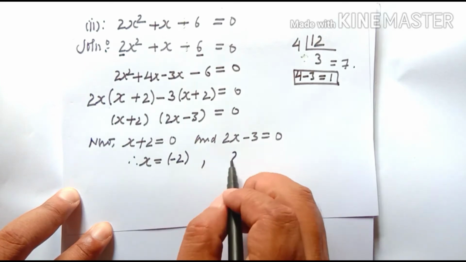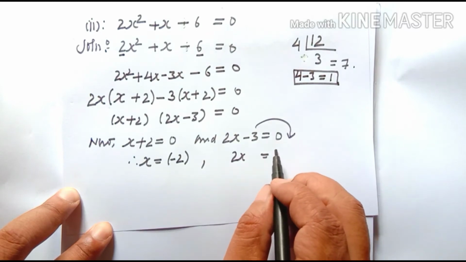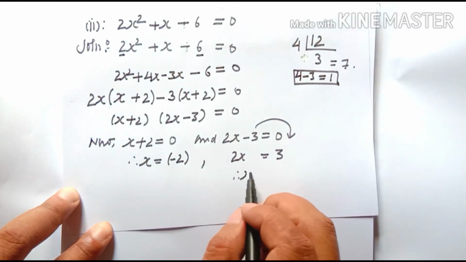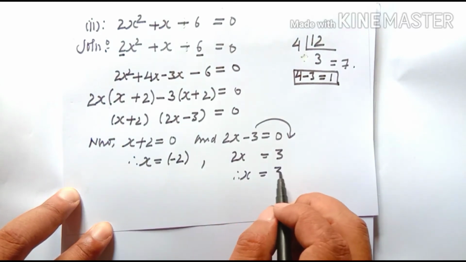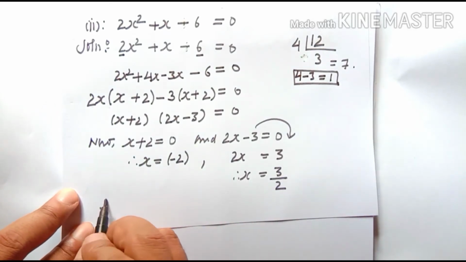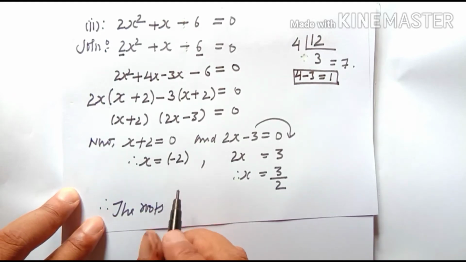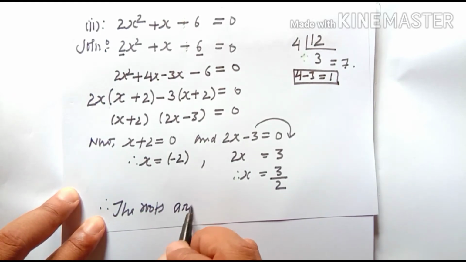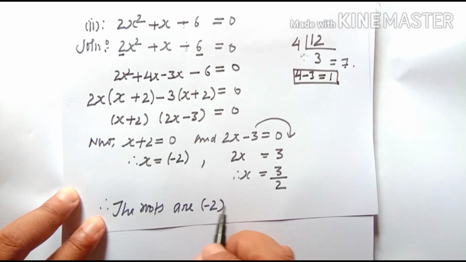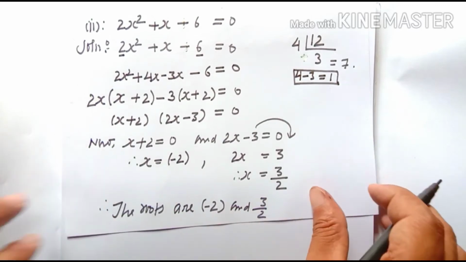Similarly, 2x equals minus 3 becomes plus 3. I need the value of x, so 2 will now be divided by 2. Therefore we can say that the roots of the given quadratic equations are minus 2 and 3 by 2.